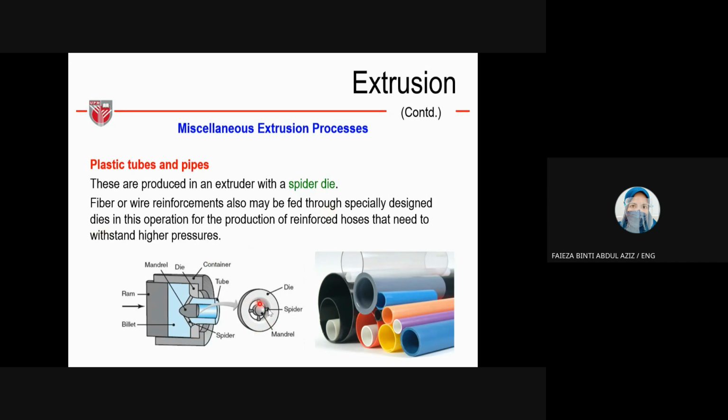These are the specially designed dies to produce reinforced hoses that need to withstand higher pressure. By using the spider die, you can have output that can withstand higher pressures, especially pipes.